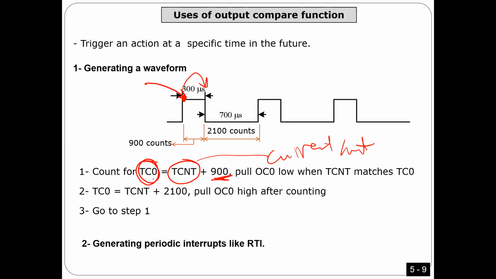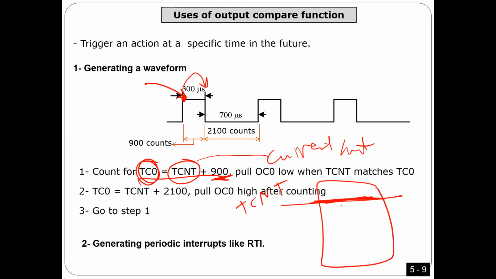That means I am saying, please output compare toggle after 900 counts. Did you see what I did? So if TCNT, the current count, is here, I need to add 900 to see what the count should be, and then I have to put this value in TC0, right?